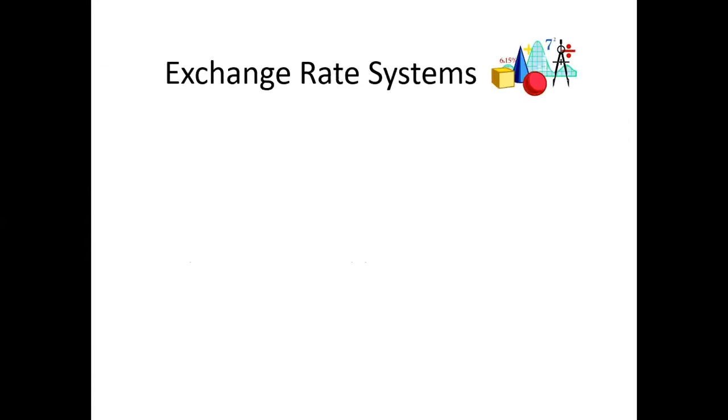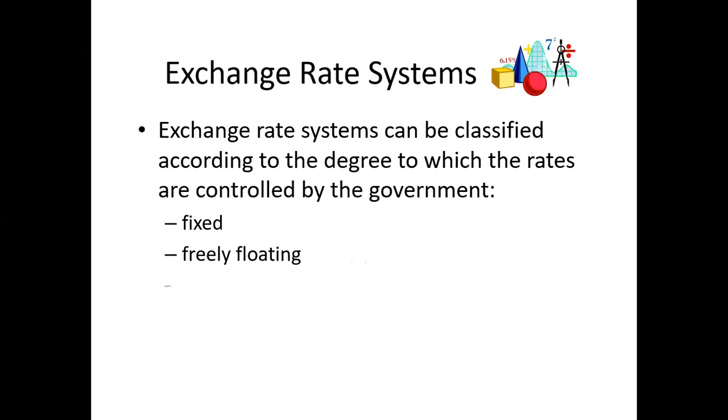Now, the next concept I'm explaining is the exchange rate systems. When we began these lessons, what we realized was that currently, exchange rate is determined by demand and supply of the currency. But it has gone through a couple of systems.